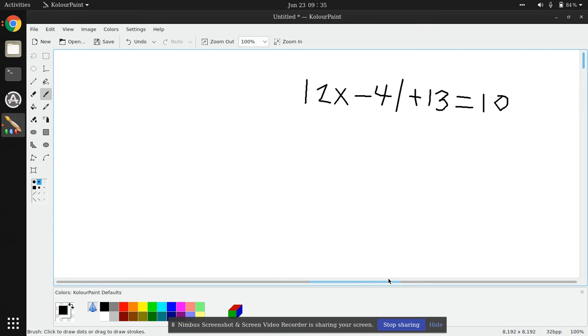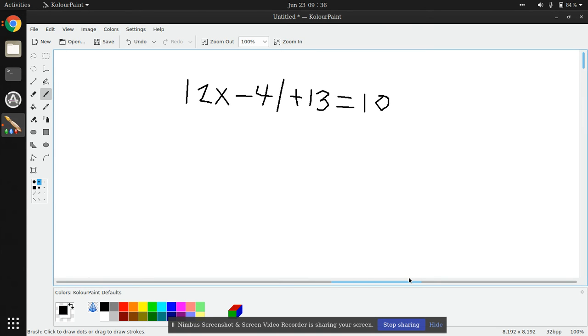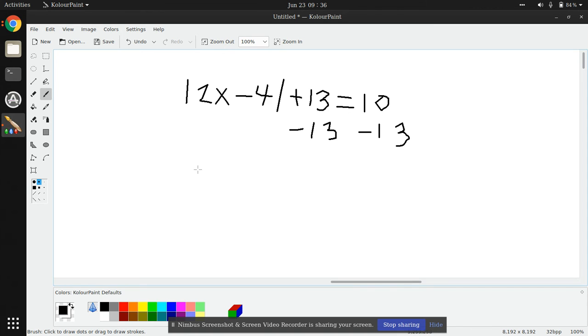Our next equation, we have absolute value of 2x minus 4 plus 13 equals 10. Absolute value is not by itself, so we have to get the absolute value by itself first by subtracting 13 from both sides of the equation, leaving us with absolute value of 2x minus 4 is equal to negative 3.